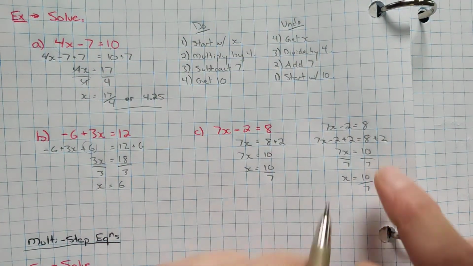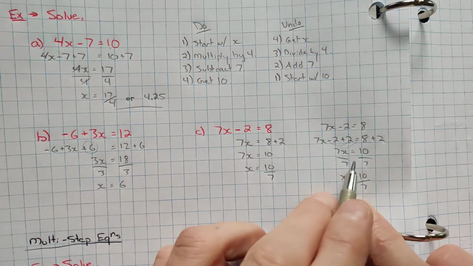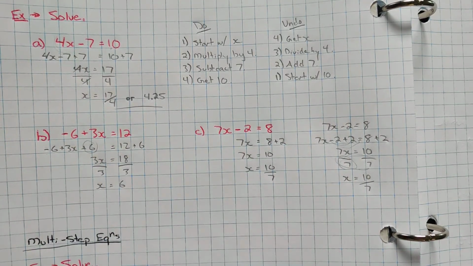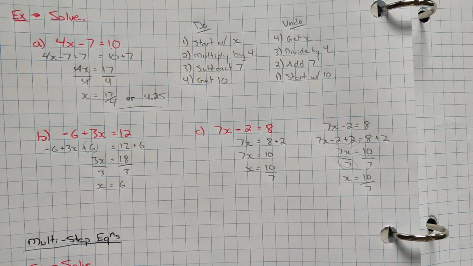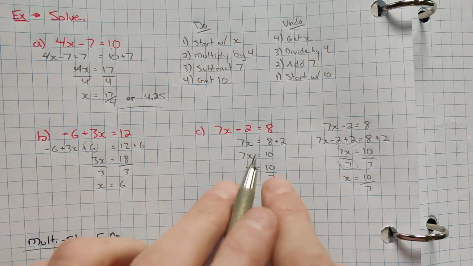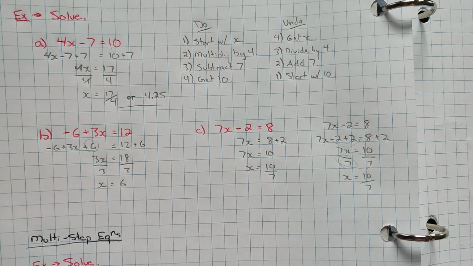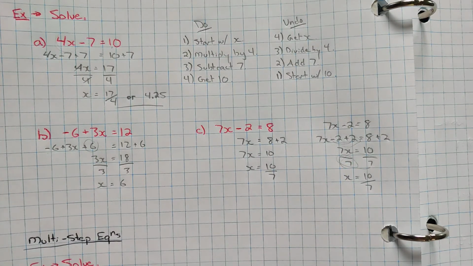It's the same answer. I'm just making it a little simpler, not putting this portion and this portion in. It's just a little cleaner. I prefer this method, but if this gets you confused, you're welcome to continue using this regular method here and showing what you're taking away on both sides until you're perfectly comfortable with simplifying things.